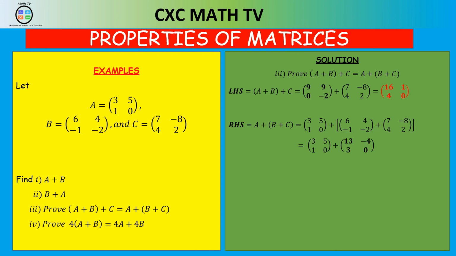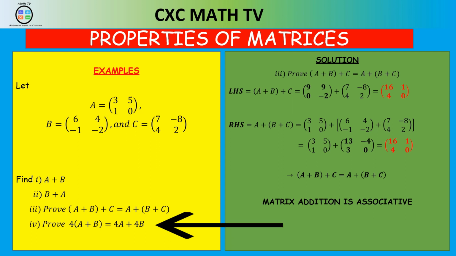Now 3 + 13 is 16, 5 + negative 4 is 1, 1 + 3 is 4, and 0 + 0 is 0. So what do we realize? (A + B) + C works out to be A + (B + C). And so matrix addition is associative. Nice.